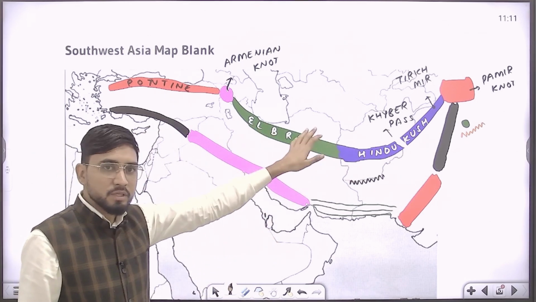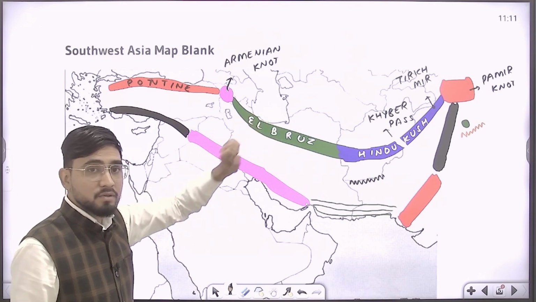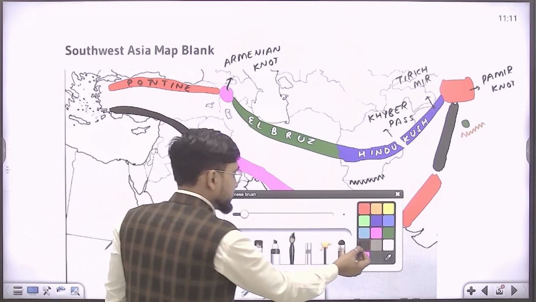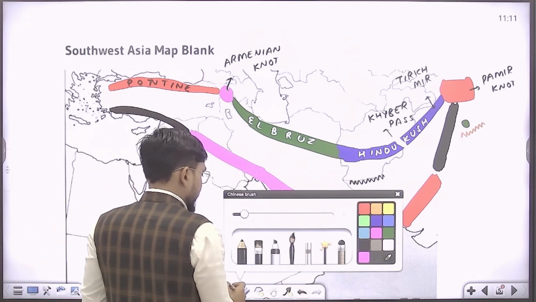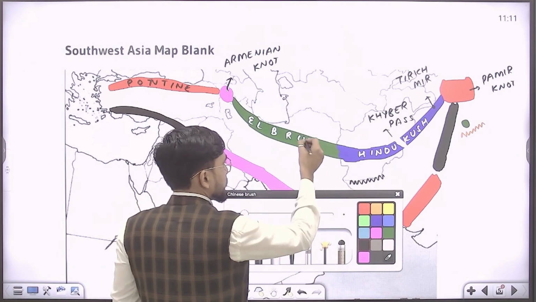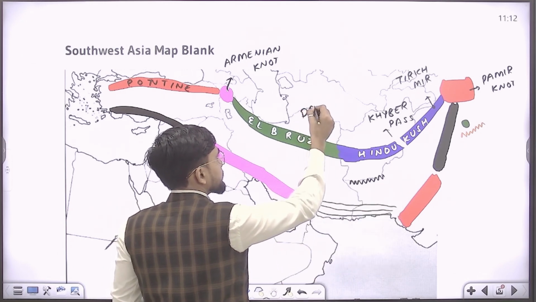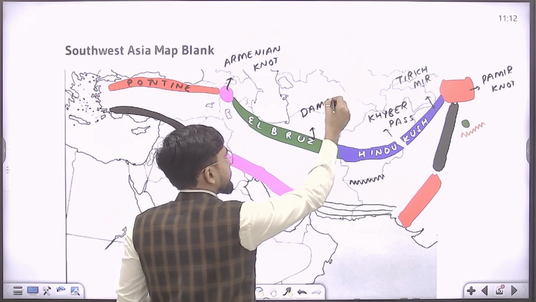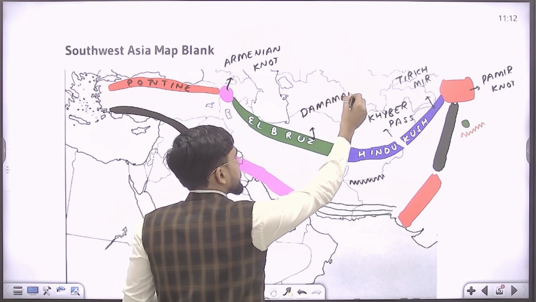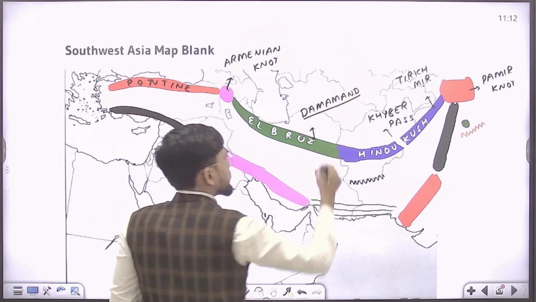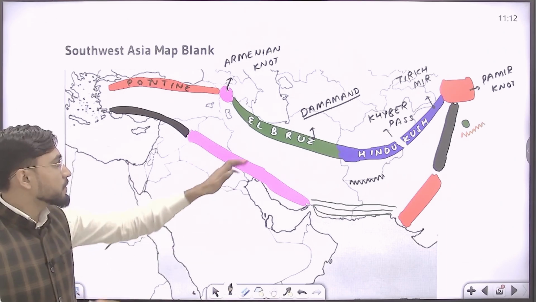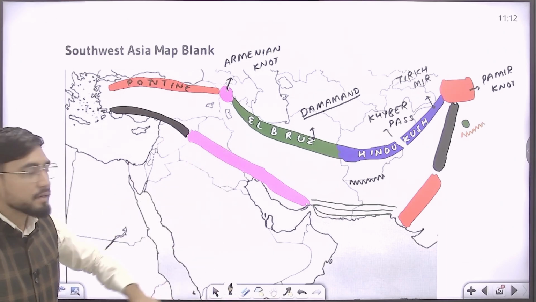The same Hindu Kush in Iran is known as the Elbrus range. In this range, the highest peak is Damavand. This is the highest peak of the Elbrus mountain, which is situated in Iran.